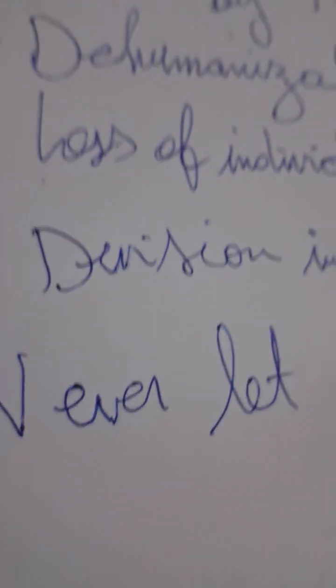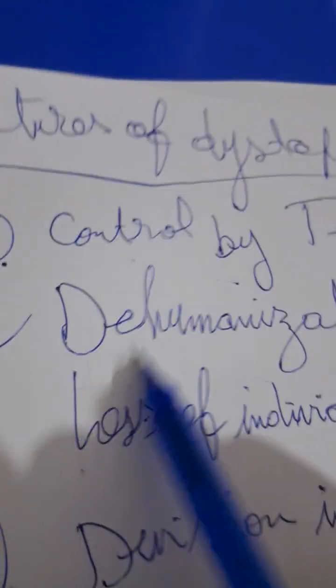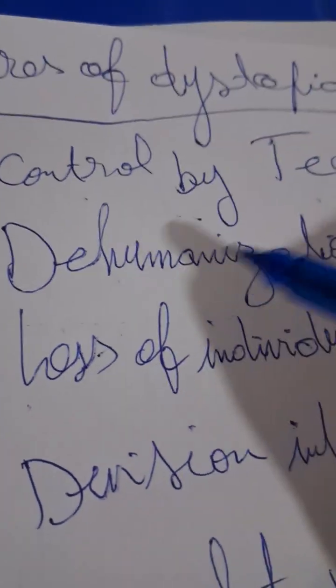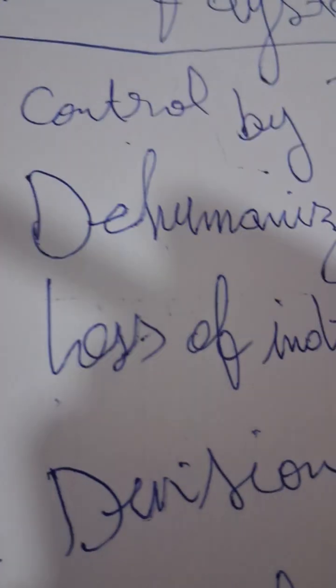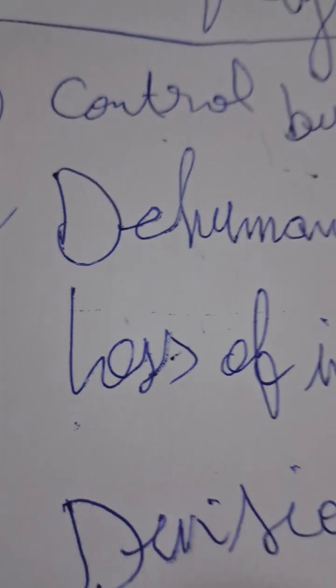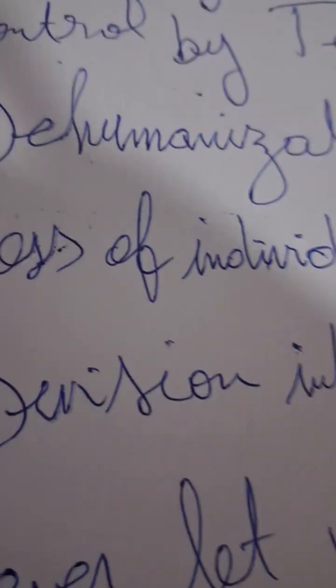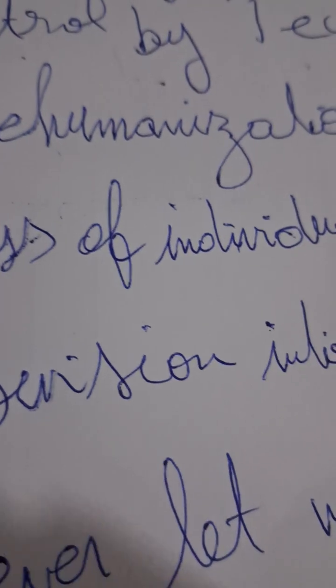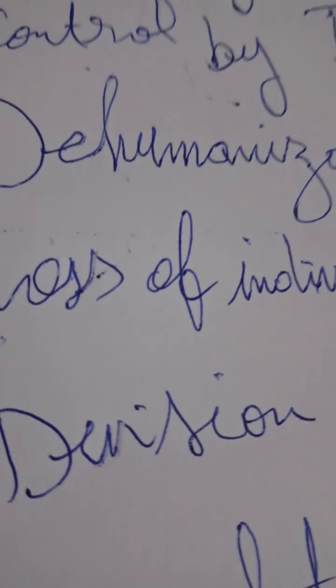Let's look at whether the first feature, which is the most important one, control by technology, is present in our novel. Never Let Me Go depicts a fictional world where people can be cloned successfully. البشر يمكن استنساخهم بنجاح، وهذا في حد ذاته تطور كبير في مجال التكنولوجيا. And from this we can say that the first feature is present in our work.